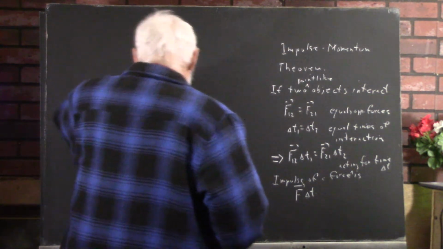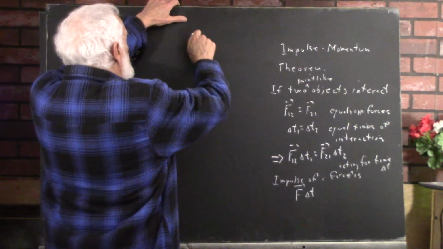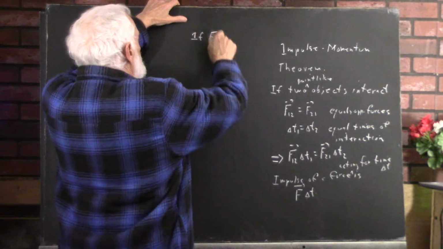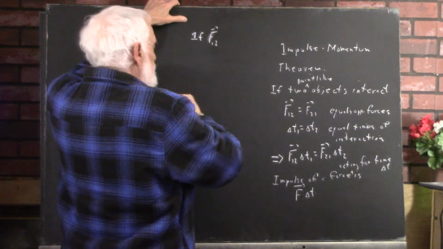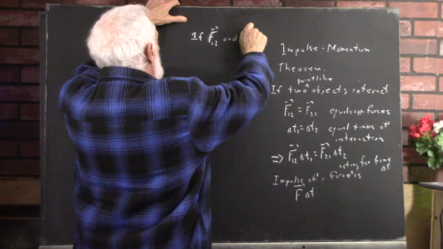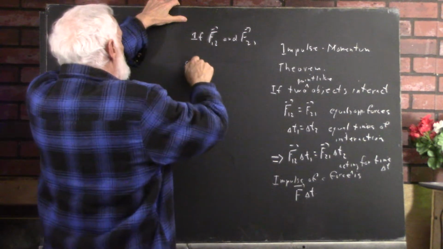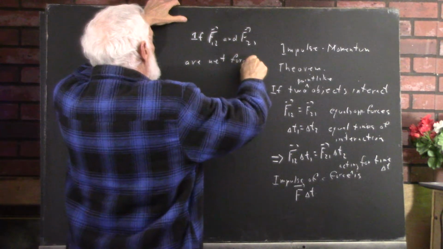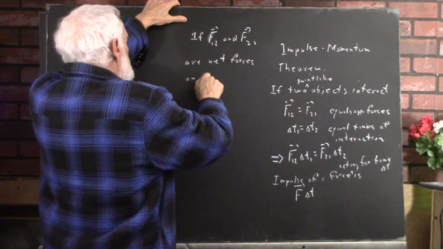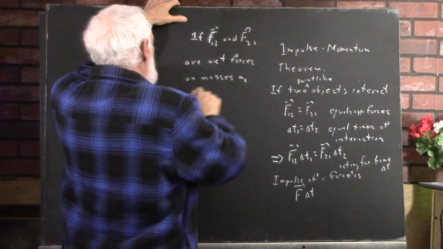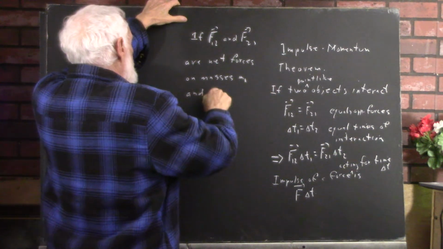Now, if capital F12 and capital F21 are net forces on masses M1 and M2.